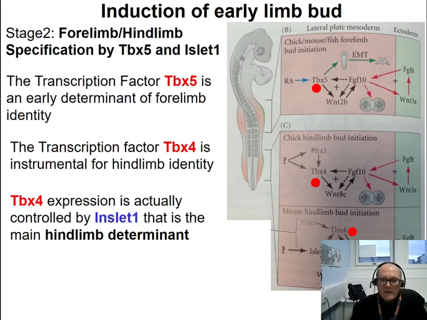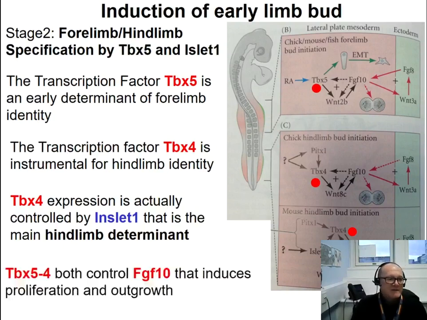Anyway, no matter whether the cells are expressing TBX5 or TBX4, both induce the expression of FGF10. FGF10 is extremely important because it stimulates the mesodermal mesenchymal cells of the hindlimb and forelimb to start dividing and proliferating. So FGF10 is a signal for proliferation and therefore stimulates outgrowth.